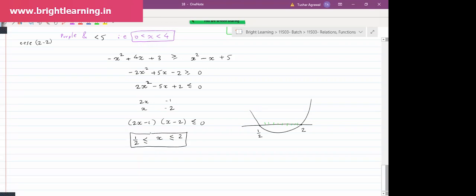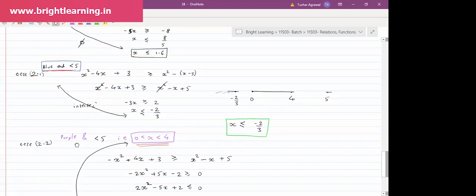But this condition is when the original condition is between 0 and 4. So what are the relative positions of 0 and 4? Yes, so 0 is here, 4 is here. So yes, they satisfy our original condition. So the final answer of these two is the intersection. Intersection of these two will be this one. So combining now all the answers, all the possibilities and all the answers that we got.